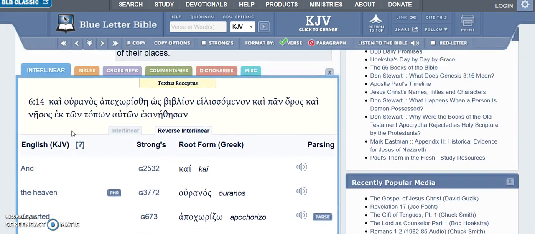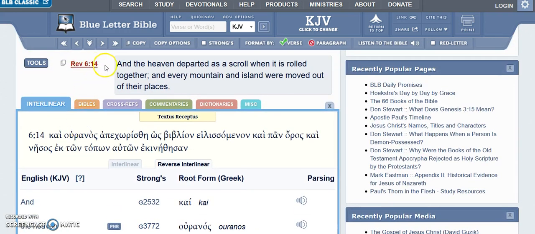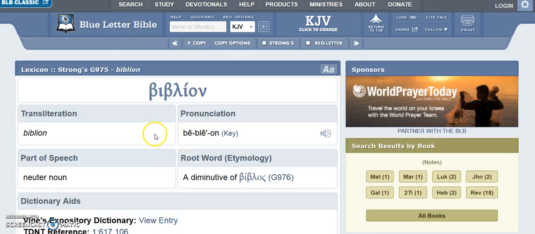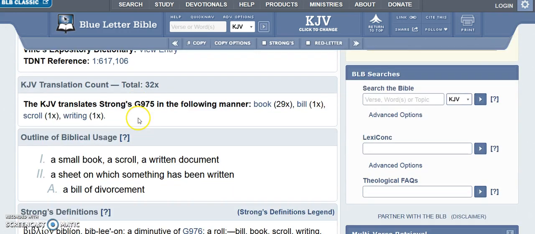Okay, another thing that's interesting is in Revelation 6:14, it says, "The heaven departed as a scroll." And so I just looked at the word scroll, and in the Greek it's the word biblion, which means book. That's where we get the word Bible from, but it means book in the Greek.